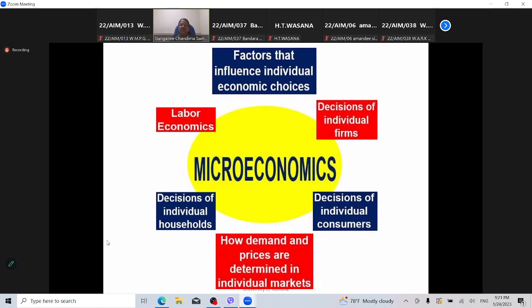Do you know the difference between consumer and customer? In microeconomics, that's also very important. Consumer and customer. Anybody?